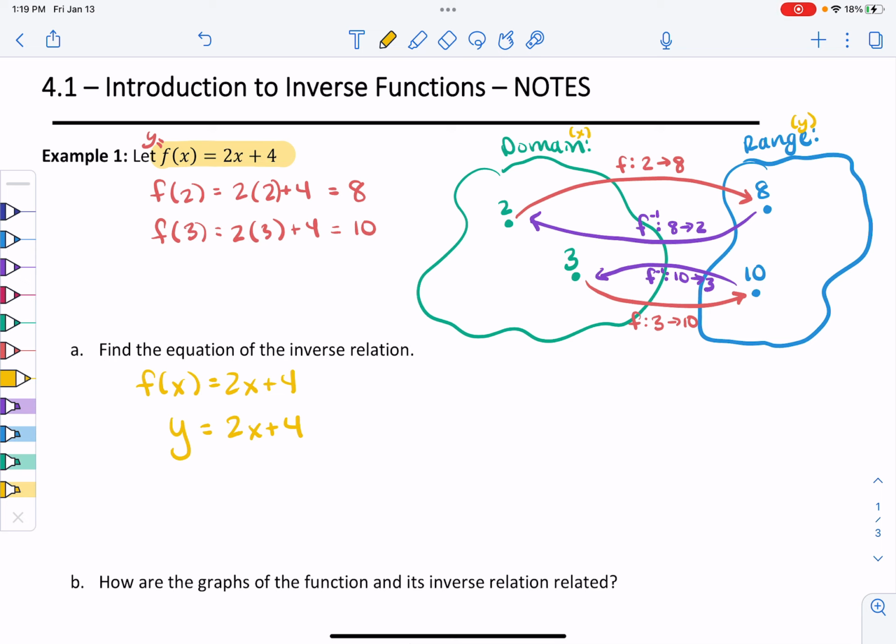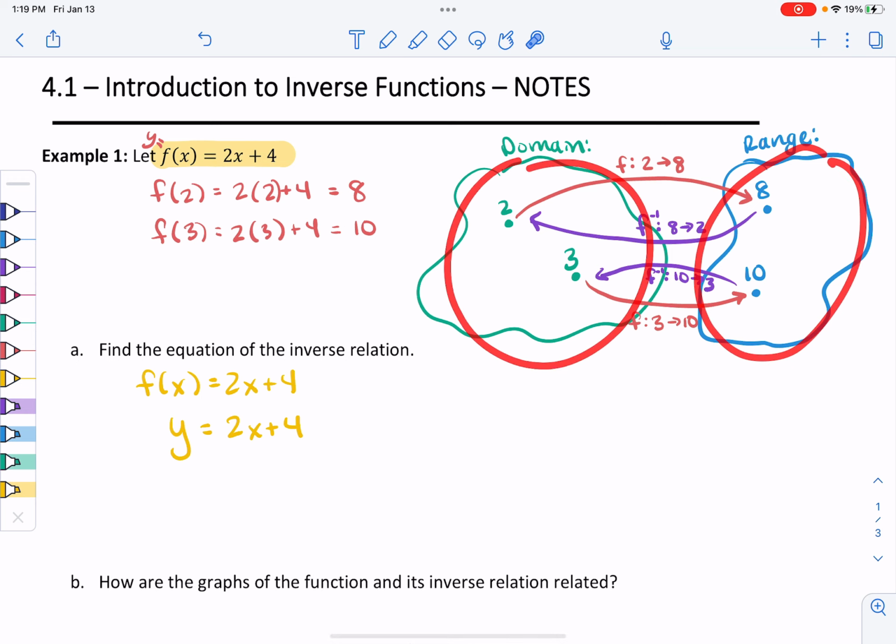But now that we are finding the inverse function coming back this direction, our range is now our x's and our domain is our y's. The domain and range have flipped. We have a new domain and a new range.